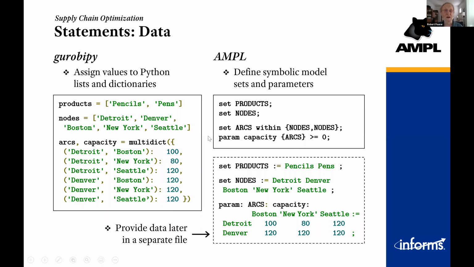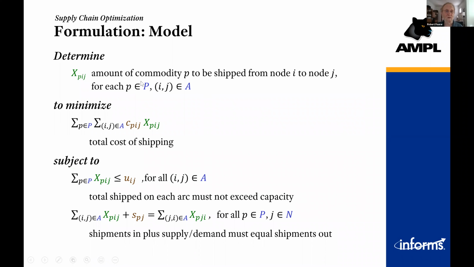And now look at the variables and the objective and the constraints. This is just a repetition of what I showed before. And let me now show what that looks like in Gurobi Pi. So this is the executable approach. And I define a model object. And then I use an add vars method to add the variables, which are called flow. In this case, the objective is sort of given with the variables.